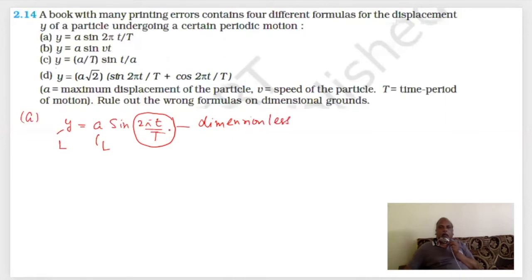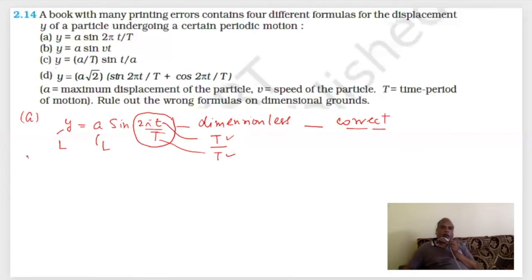And here in this case, it is t, so the dimension of time is T. It is also T. Both cancel out. What remains is 2 pi and it is dimensionless. So this equation is correct.